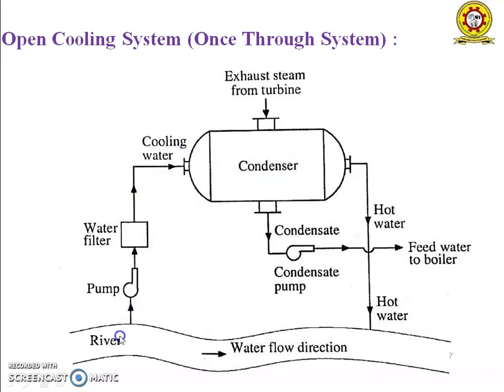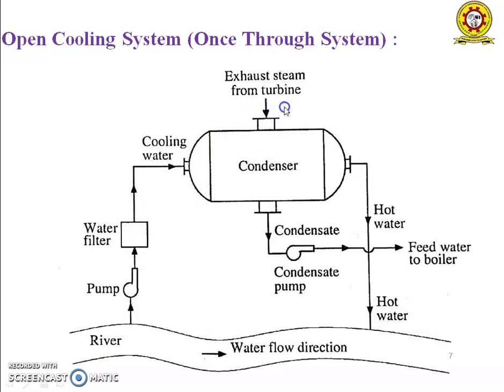The cooling water is collected from a natural source, that is river. From the river, water is sent through the pipe and the water is filtered, and after filtering, the cooling water is sent into the condenser. There is a heat exchange between the steam and the cooling water.